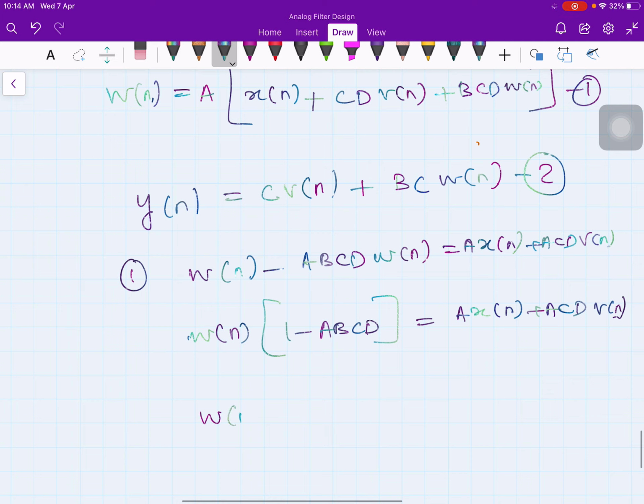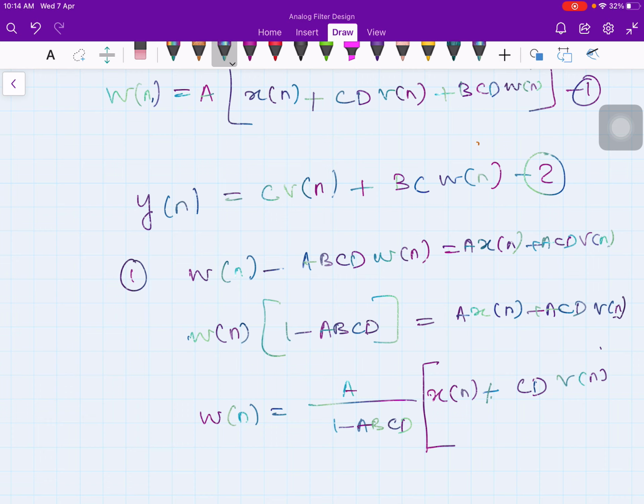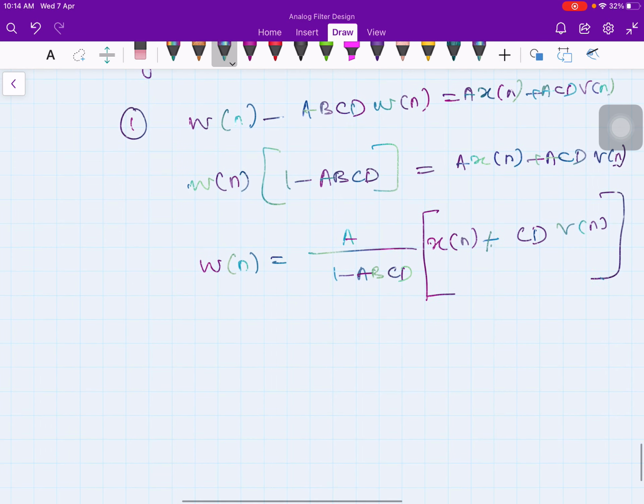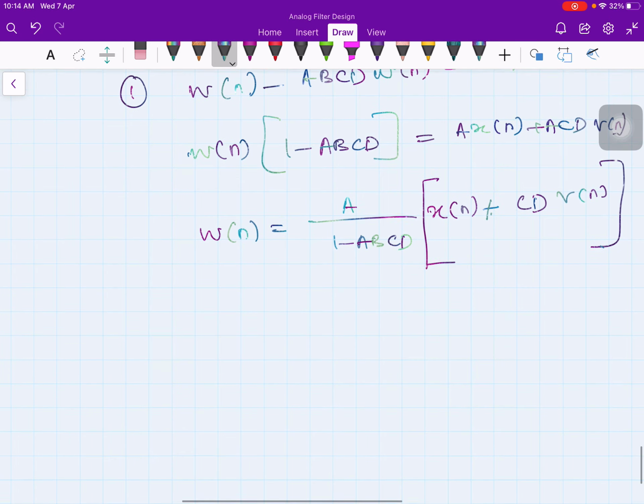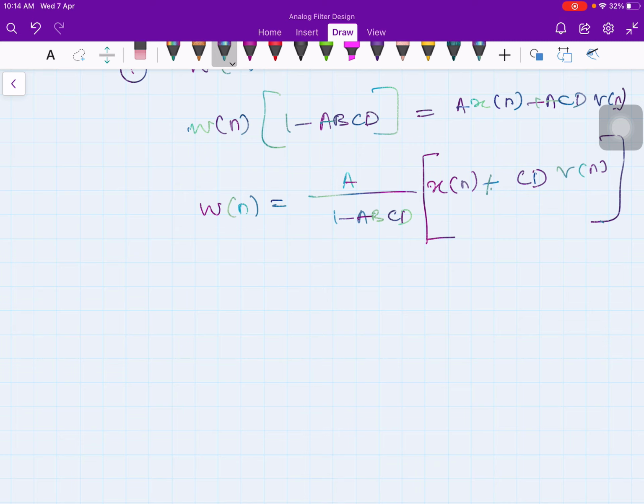Therefore w of n is equal to a divided by 1 minus a b c d times x of n, okay, plus c d v of n. I can write like this. So this is my w of n. Now if I want to construct this, then it looks as follows.